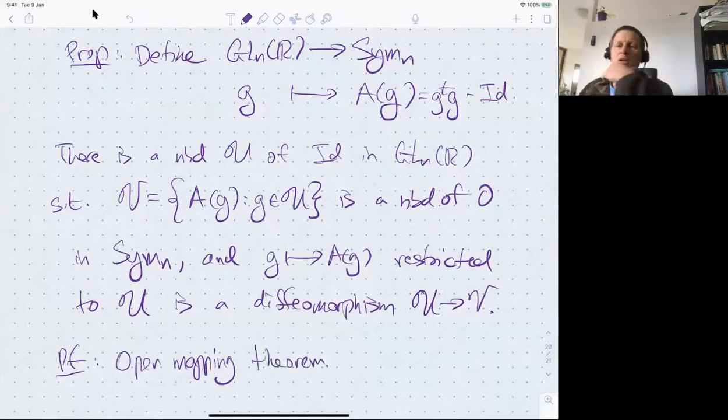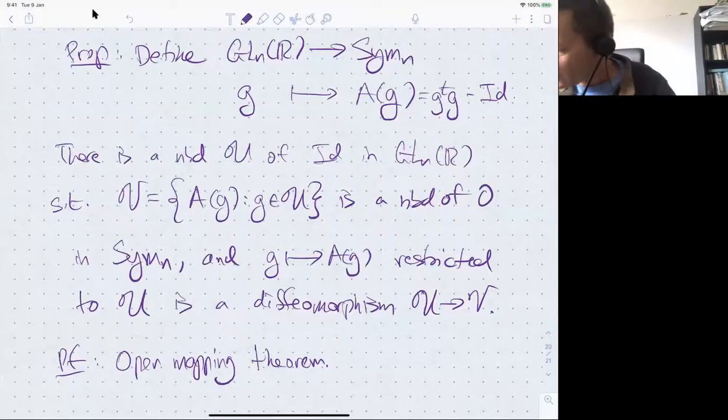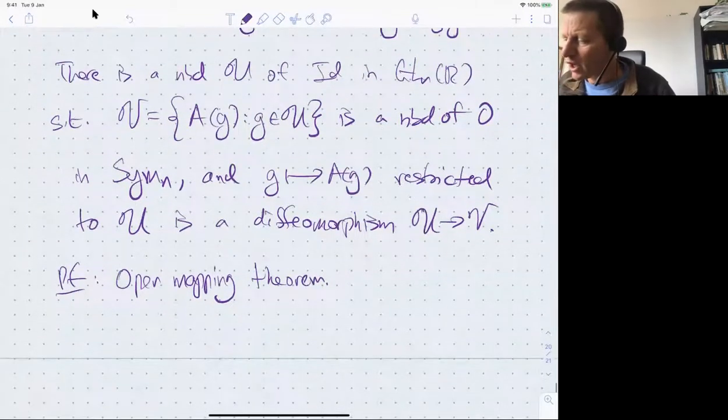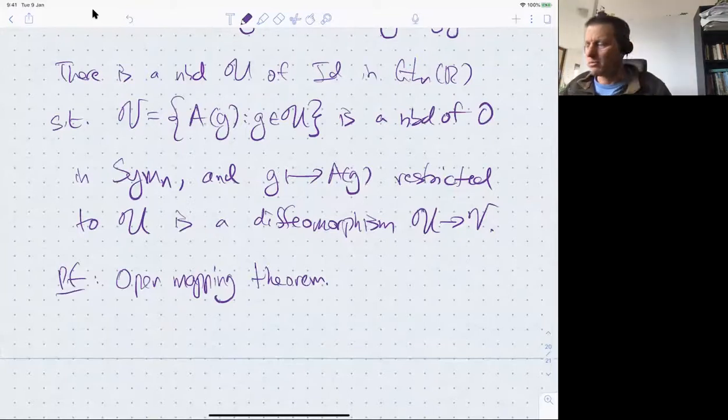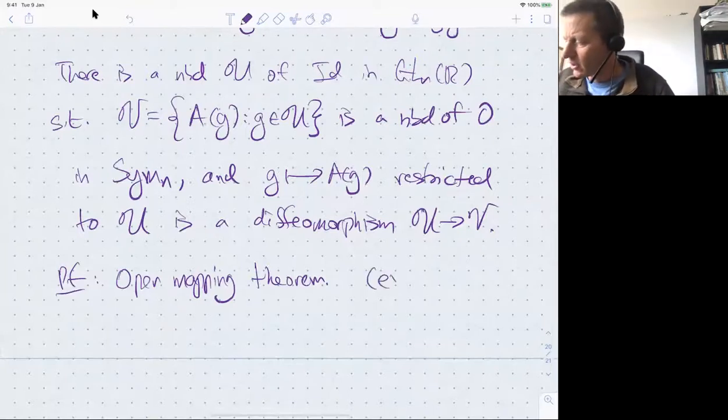When you have a mapping from a Euclidean space of some dimension to another Euclidean space of lower dimension, and the derivative mapping is surjective at a point, then there's a neighborhood of the point where this differentiable mapping becomes a diffeomorphism onto its image, and that's exactly what this is. You have to make a computation that says that the conditions of this open mapping theorem are satisfied. So let me write that as an exercise.